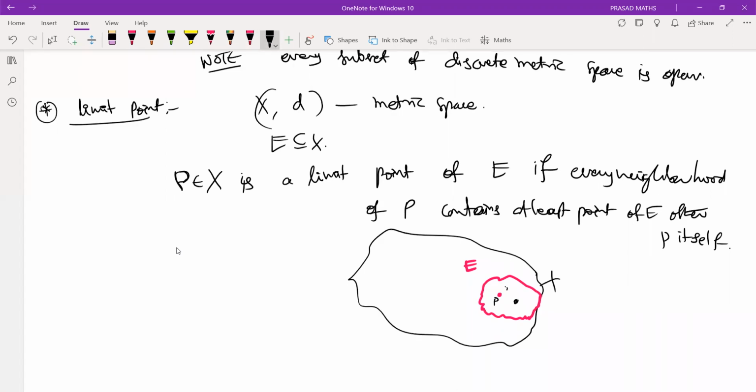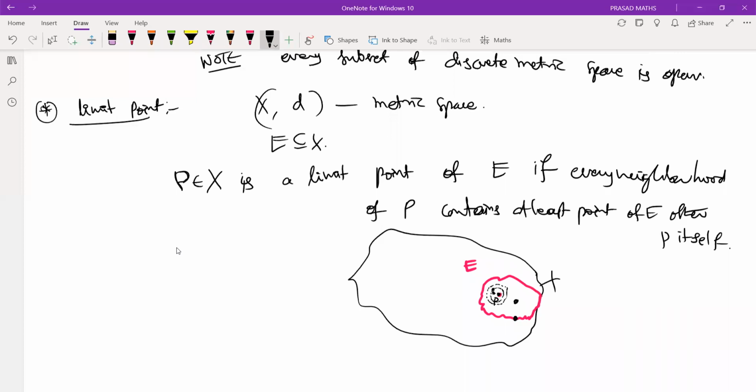Yes. Because you take any neighborhood, it contains at least one point other than the point itself. It can be any small, teeny neighborhood. It contains at least one point other than P. Therefore, P is a limit point.